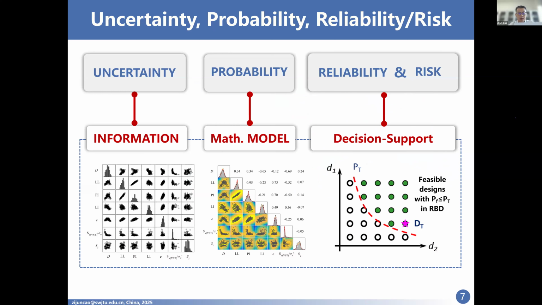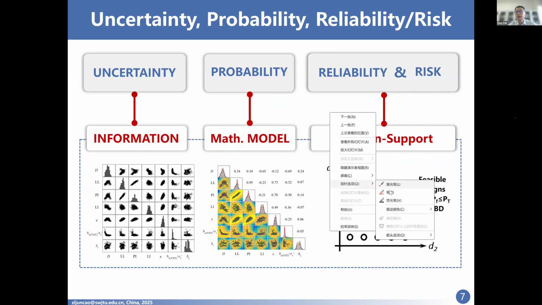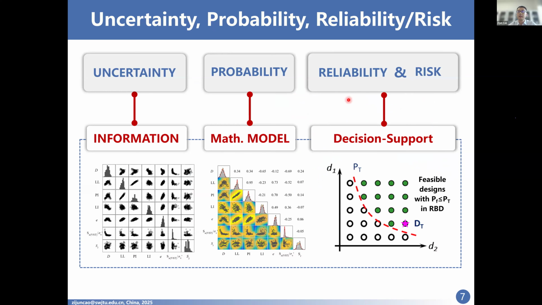We have to note that the calculated reliability and risk are actually nominal values. They depend on the available information and mathematical models of uncertainties, as well as deterministic analysis models, for example, the model used to calculate the safety factor.